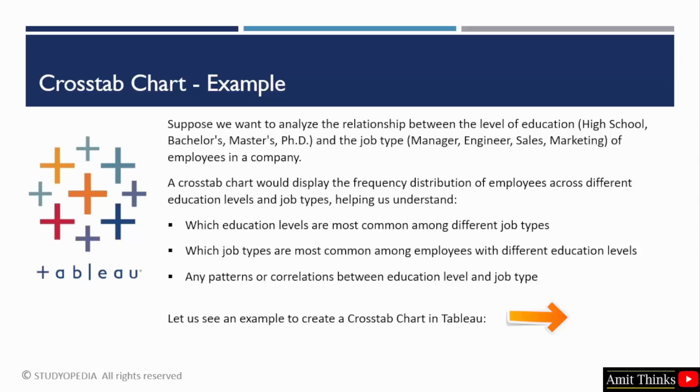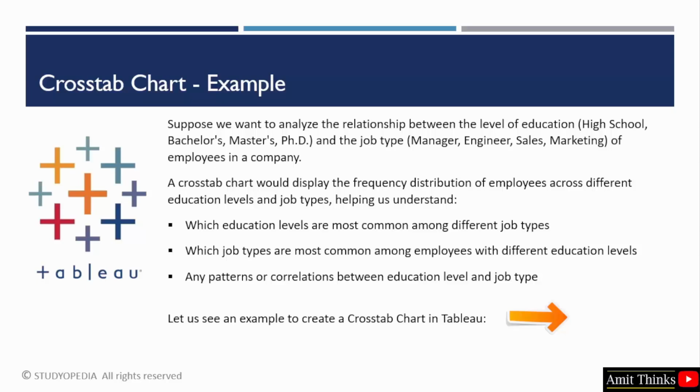So we will be able to display the frequency distribution of employees across different education levels and job types using a crosstab chart, so that we can understand which of the education levels are common among different job types and which of the job types are most common among employees with different education levels like your master's, bachelor's or PhD.